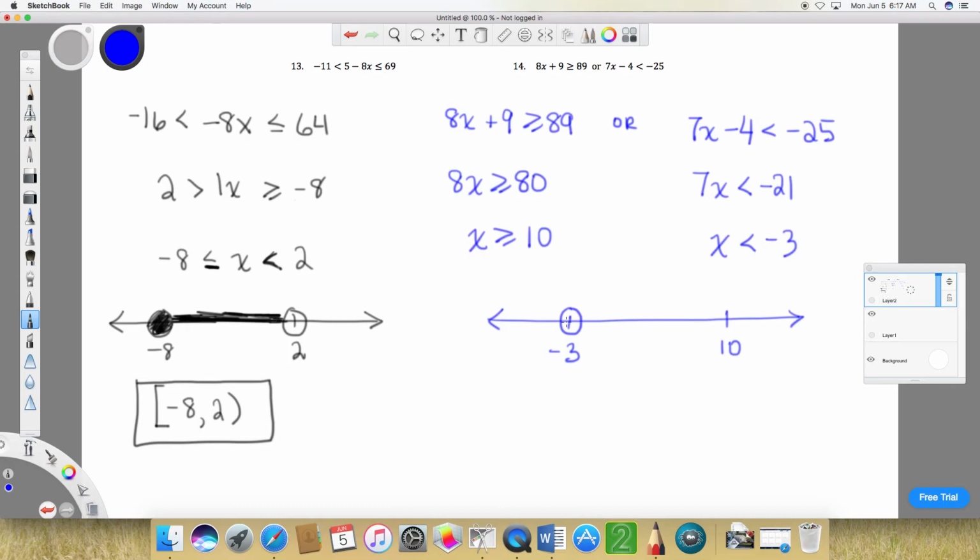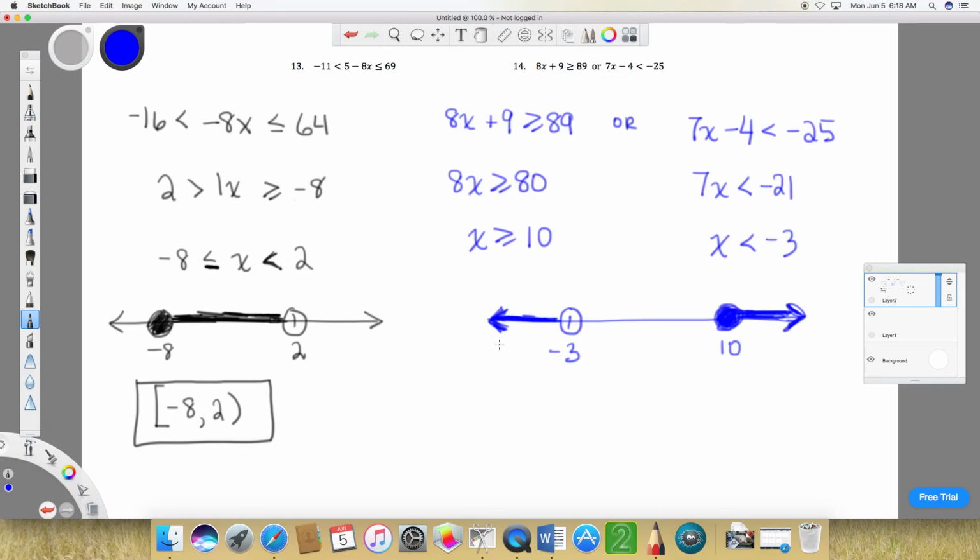I don't shade in that circle, and values to the left, I shade in values that are strictly smaller than -3. Now, greater than or equal to 10, this time I shade in the solid point because I want to include 10 in my solution set, and values of x that are greater than 10 are going to be to the right of 10. So here's greater than or equal to.